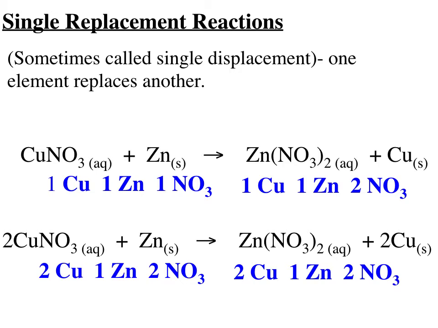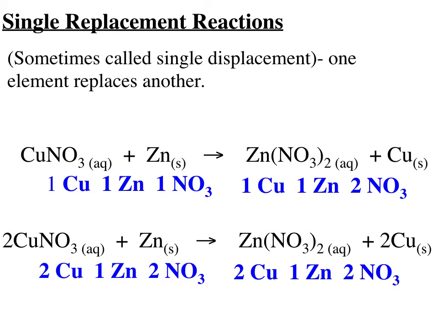You will delve into the reasons behind why this occurs when you take your 122 class. For now, let's just recognize that this is a single replacement. Notice that I have a zinc replacing a copper as a cation in an ionic compound. So it classifies as a single replacement reaction.